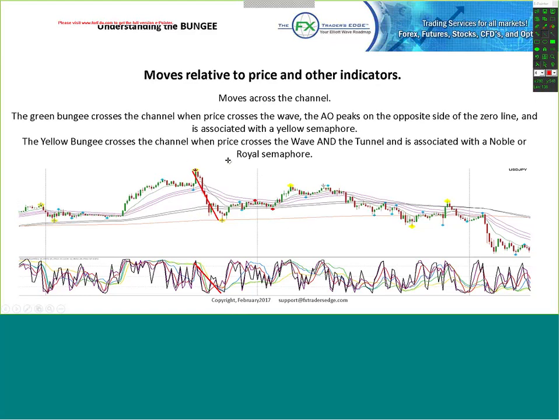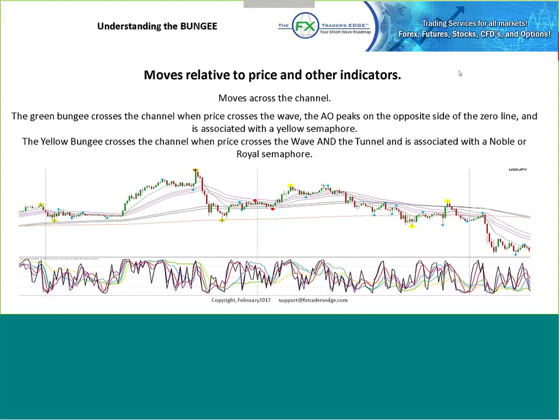Okay, this particular bit of chart hasn't really got any more noble or royal semaphores on to actually demonstrate that. But it does bring me to mention that on that fraction of a percent of the times when these things don't hang together, it's usually because there has been either an extended period of sideways action, that can throw things out, or a long, strong, extended impulsive wave, that can also throw things out slightly.